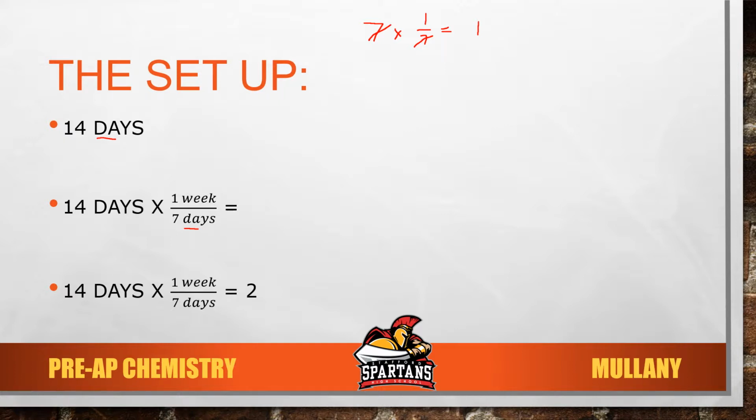And this is why we're going to take the unit we start with and put it on the bottom, because we're going to cancel the unit. Now, I'm canceling days. This does not get rid of the numbers. The numbers are still there. So all we've done is we've canceled days.